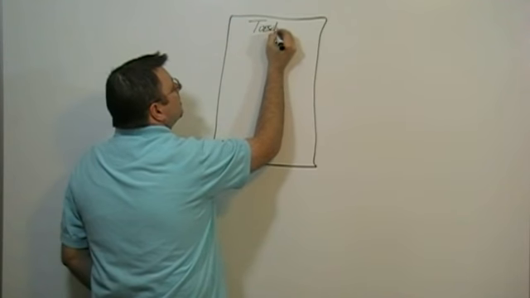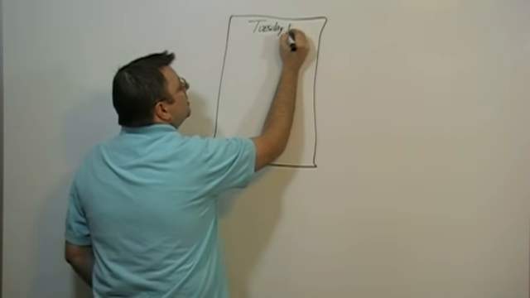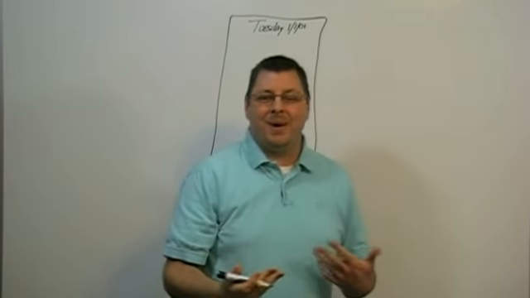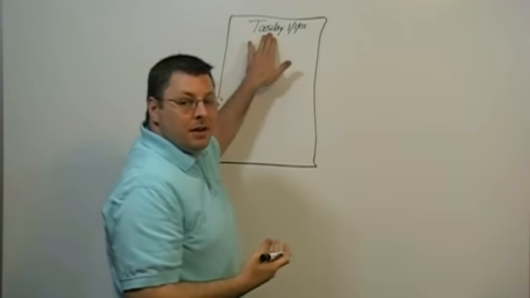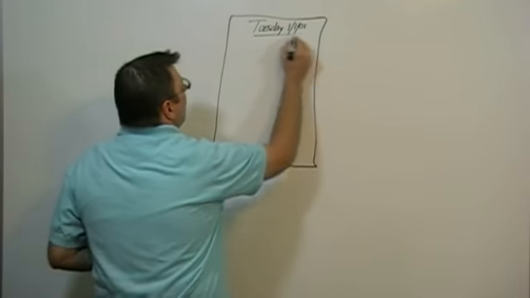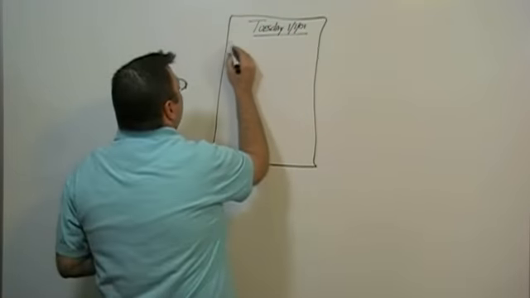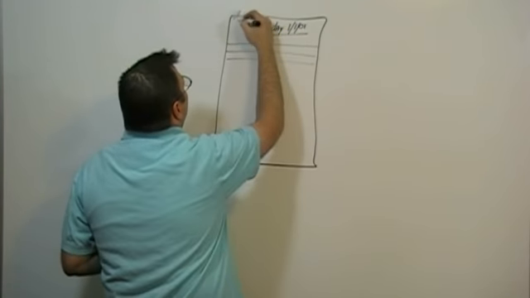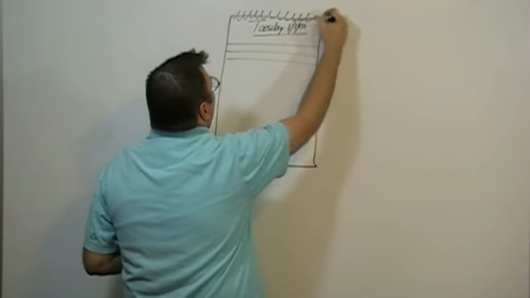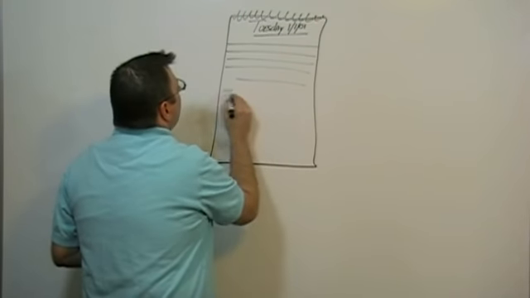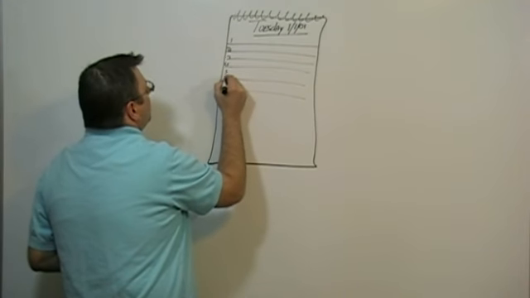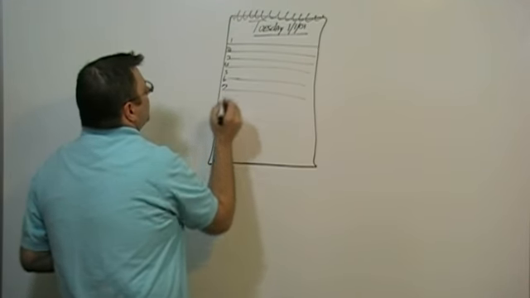In this instance, let's just call this Tuesday, January 1st of 2001, just to give an even number. This is our date. This is our daily call log. Now, if you get a ruled spiral notebook, then you'll actually have numbers right here that tell you which line you're writing on.